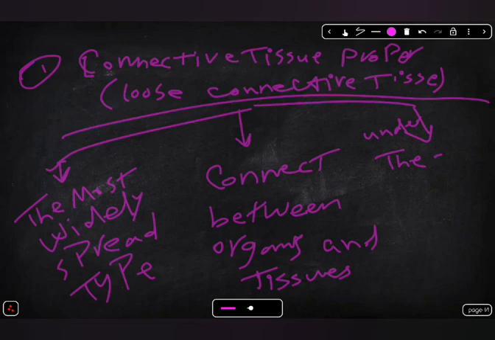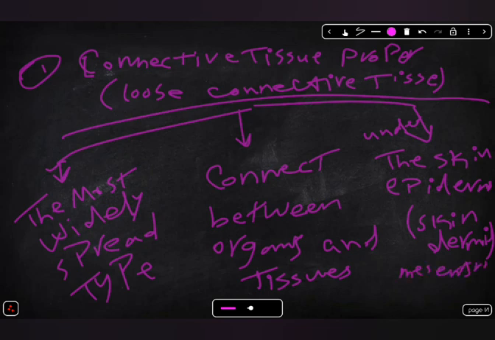So this part under skin epidermis, I can call it skin dermis. Okay, and I can find it in mesentery. What is the mesentery? The mesentery membrane attached to the folds of the small intestine.